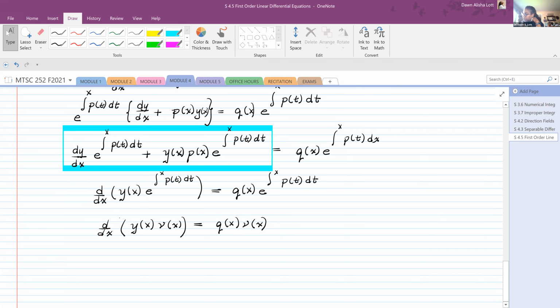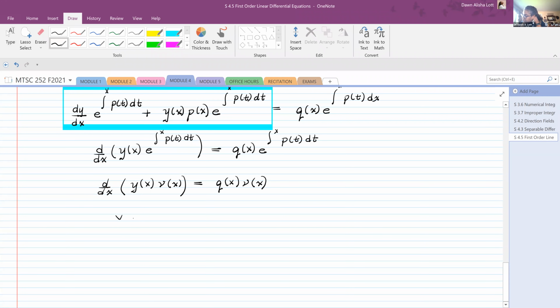When I integrate, I get y of x times nu of x, since I'm just integrating a derivative. And now I'm going to get the integral of q of t, nu of t, dt, and then a constant. And how nice is that?